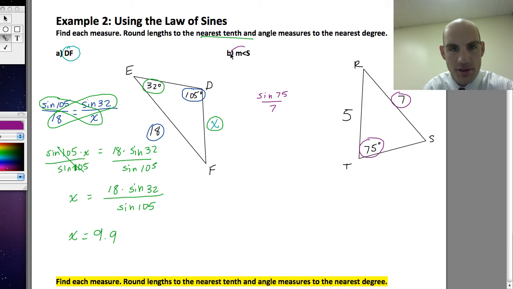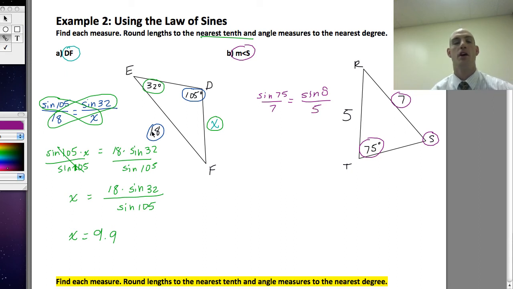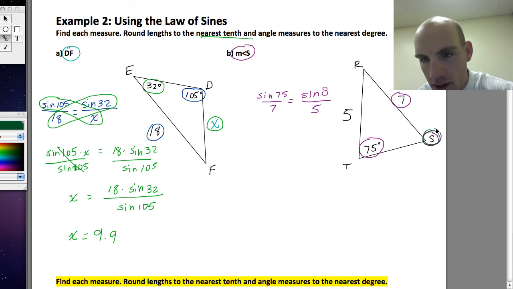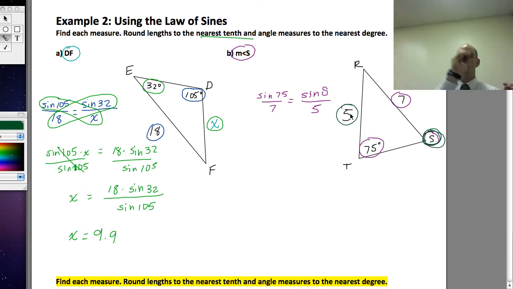Well, I'm trying to find the measure of angle S. So the sine of S over 5 is what I'm going to be comparing to.